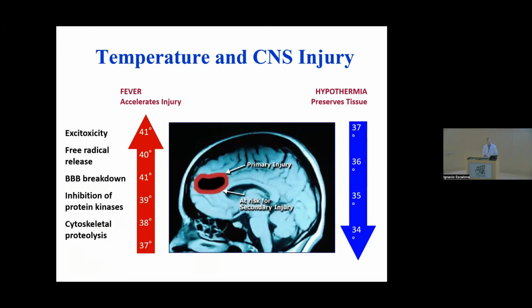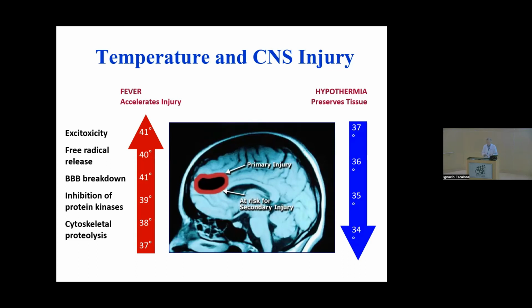So what are the mechanisms by which temperature modification can affect outcome? And there are many. This is just a very simplistic slide, but it shows that as you elevate temperature, which happens a lot in our patients, increases excitotoxicity, free radical release, blood-brain barrier breakdown, intracellular signaling cascades, cytoskeletal proteolysis, and then hypothermia kind of blunts many of those things.